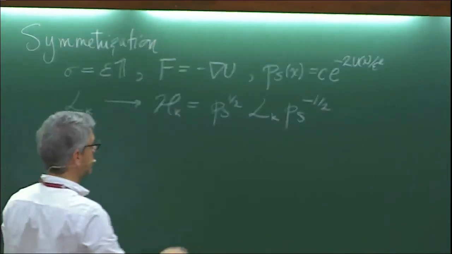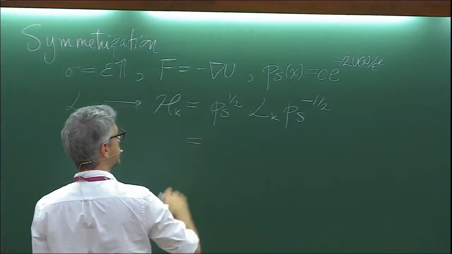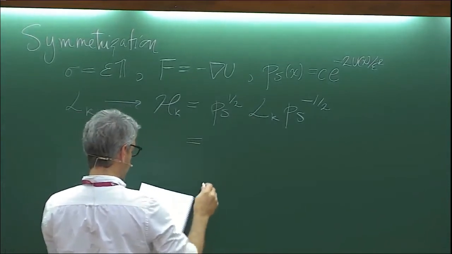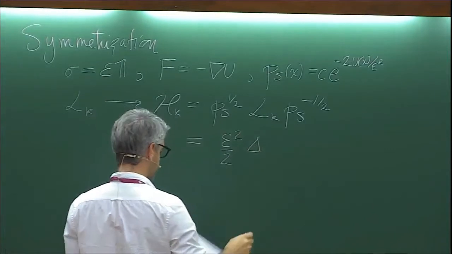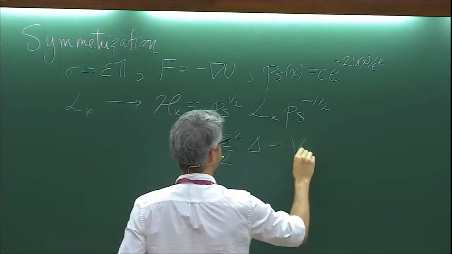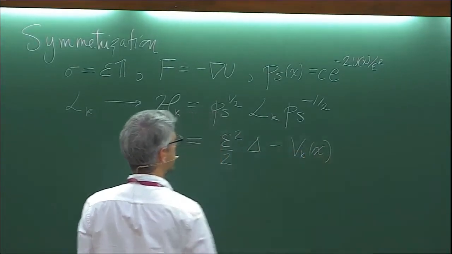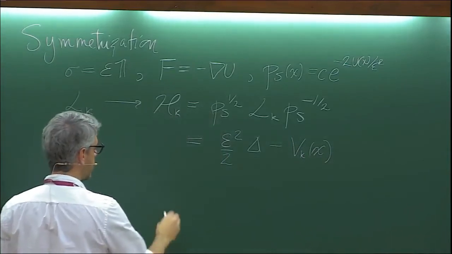The outcome of this, if you write down actually the action over a test function, is that you'll end up with the Laplacian minus some function of x here, which is an effective potential for a Schrödinger problem.